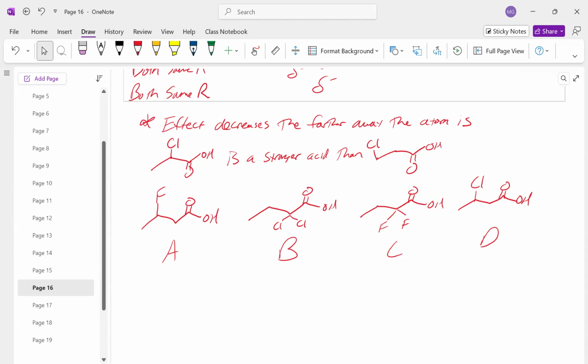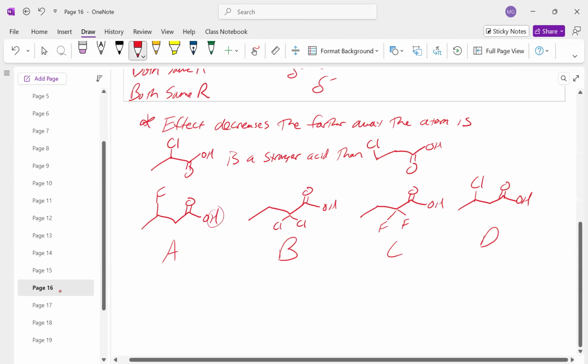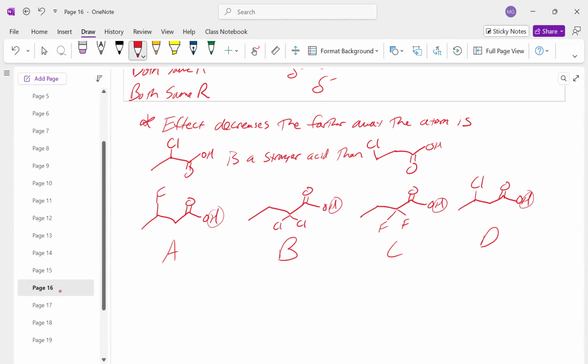So let's start on the opposite end of that. Let's start with the most acidic one. We're looking for electronegative atoms close to the acidic hydrogen. Both B and C have highly electronegative atoms the closest. What's the difference though? One's fluorine, one's chlorine.